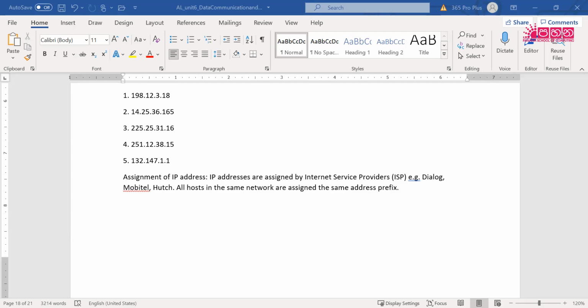Subnet mask is to identify these parts separately. So we have all ones for the network ID and all zeros for the hosts.